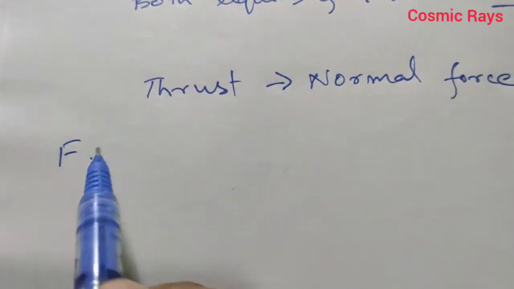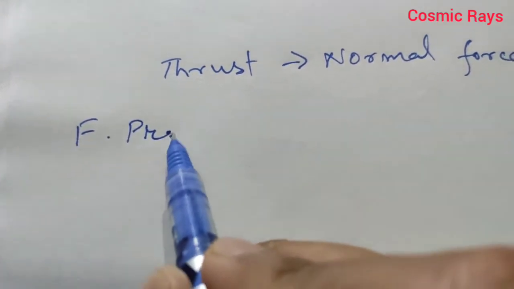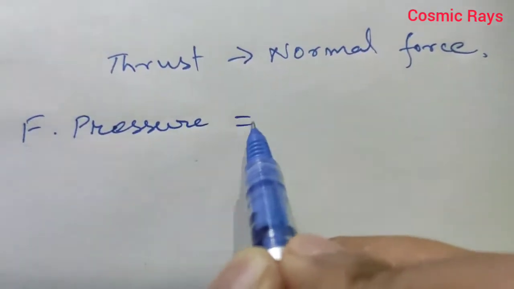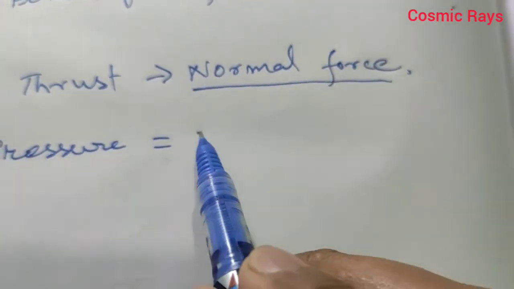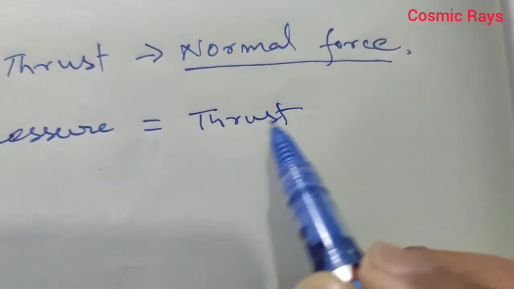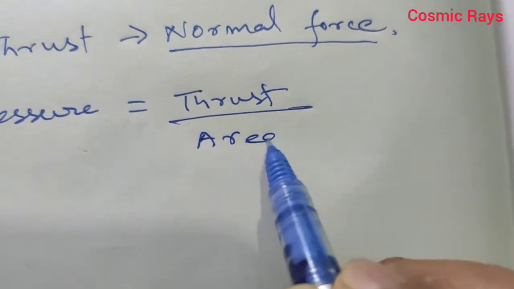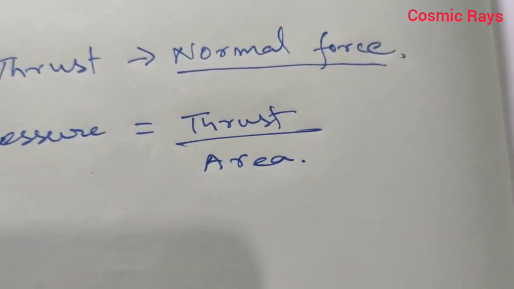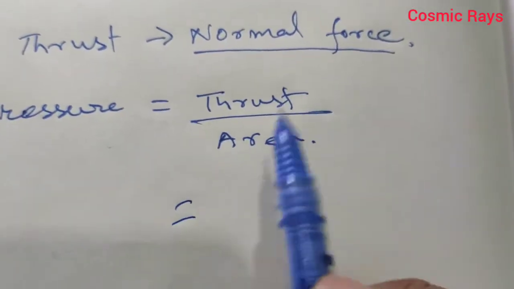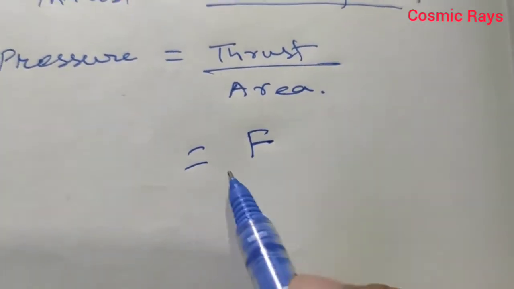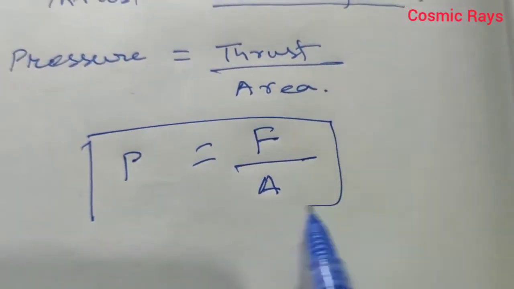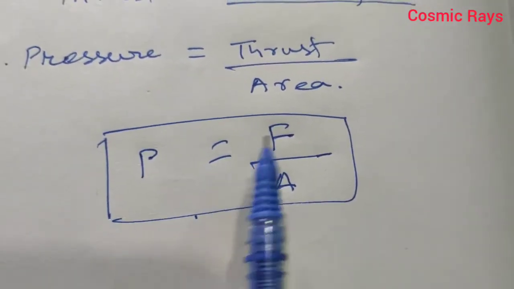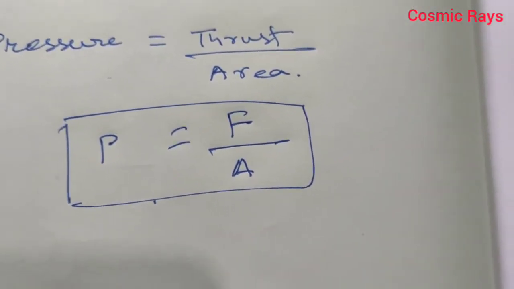Fluid pressure is nothing but thrust applied per unit area. So thrust is nothing but the force. So we have the formula for pressure of the fluid, that is pressure is equal to force per unit area.